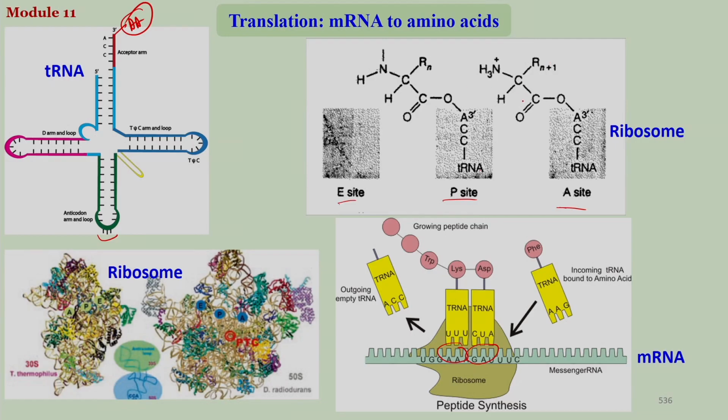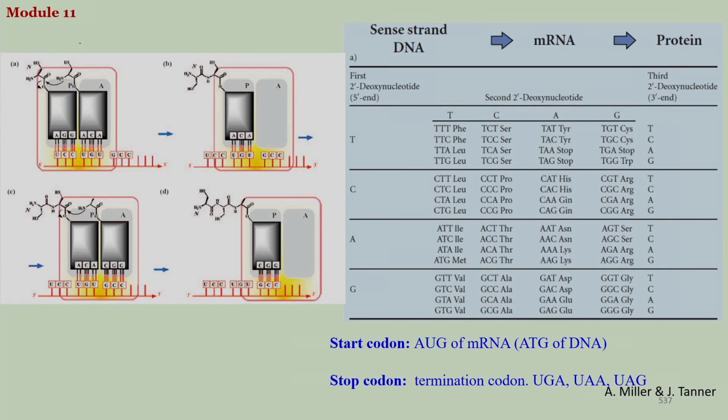They come close in proximity and then the reaction happens. This attacks, and the peptide coupling happens there. This is where the peptide coupling happens, P site, A site, and it goes on and on.